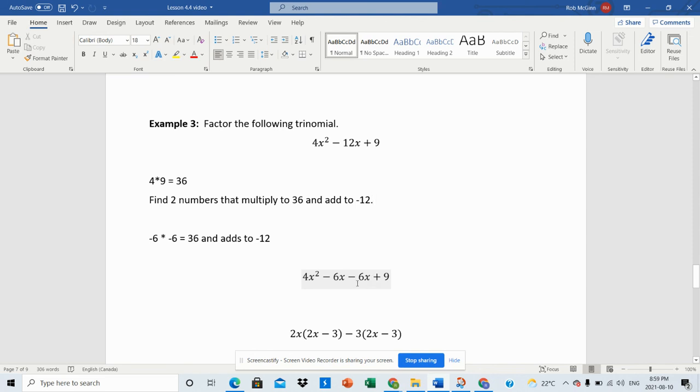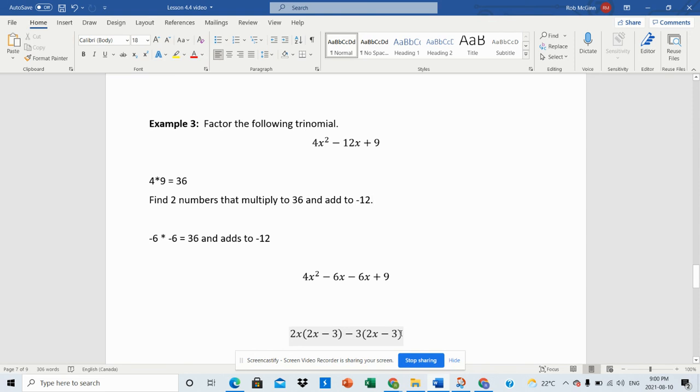So if I look at that, I can pull out a 3, but it's got to be a negative 3 because I need my signs to change. So I'm going to pull out a negative 3, and that's all I can do. So I'm going to factor out negative 3. Well, negative 6x divided by negative 3 is positive 2x, and 9 divided by negative 3 is going to be negative 3.